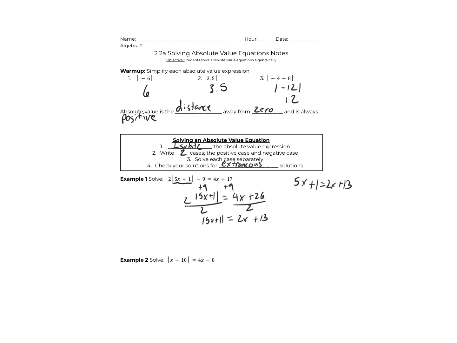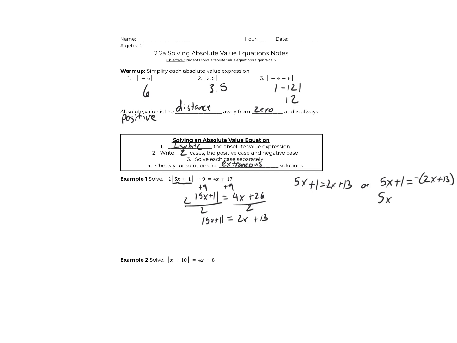Now remember, absolute value is distance from 0, so there's 2 values that would make this absolute value true. The positive version, which is 2x plus 13, and the negative version. So 5x plus 1 equals negative, and we're going to put this in parentheses, 2x plus 13. Now, first thing, of course, we need to do is distribute that negative.